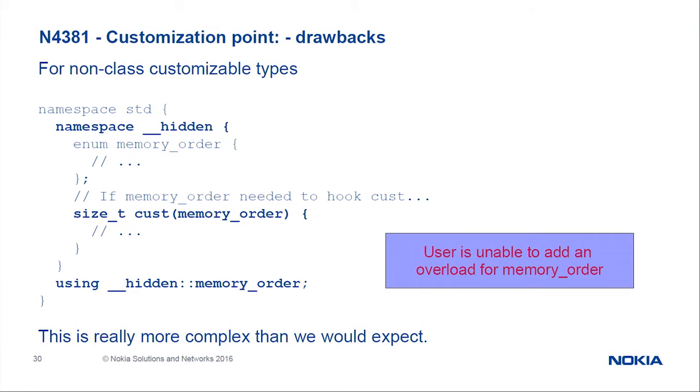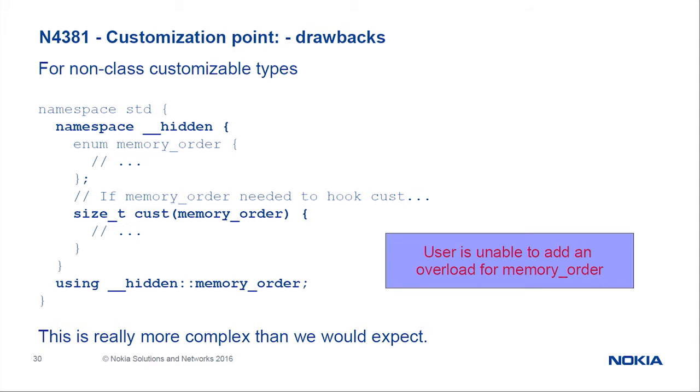And if we want to customize an enumeration, we don't have examples yet, but we cannot define a friend function nested in the enumeration. Then we need to move the enumeration to a hidden namespace, define the customization for this enumeration there, and introduce the enumeration in the standard namespace.